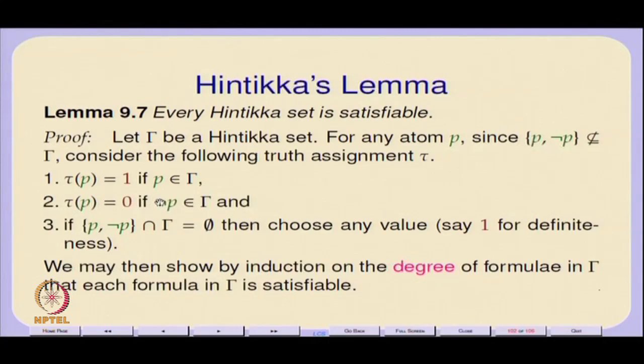We take a truth assignment such that if P occurs positively, then we assign it 1, and if P occurs negatively, then we assign it 0. For all other atoms, we just choose any truth value, either 1 or 0 randomly, it does not matter.